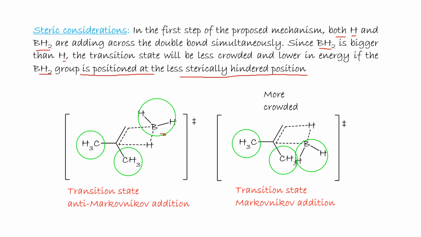Here, the BH2 is positioned at the less hindered position. The transition state is anti-Markovnikov orientation. If we look in here, the BH2 is in the crowded area, so the transition state will be higher in energy, less stable, and this addition is Markovnikov orientation.